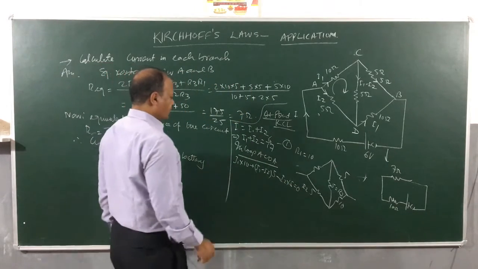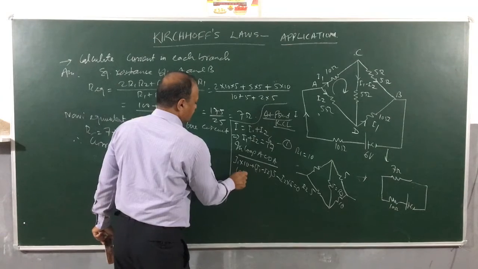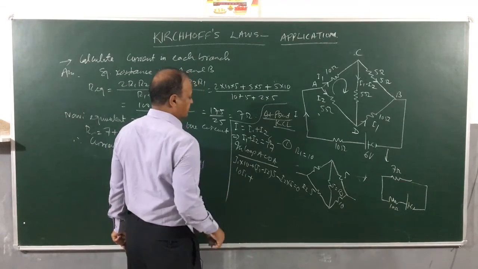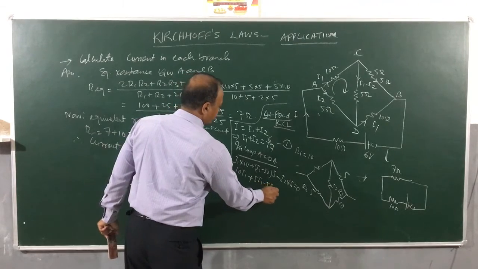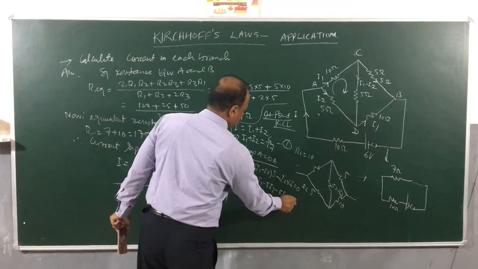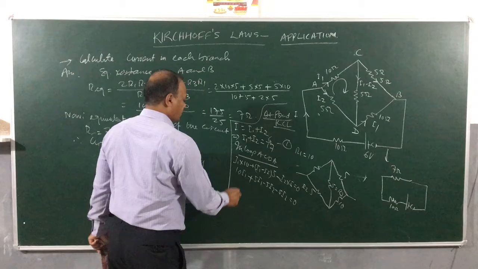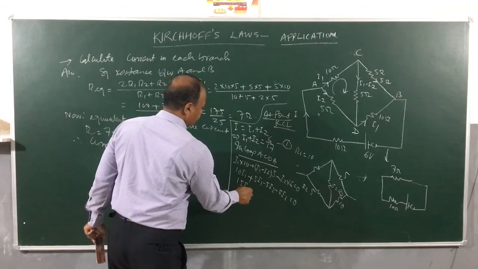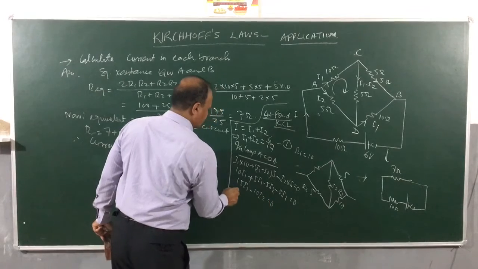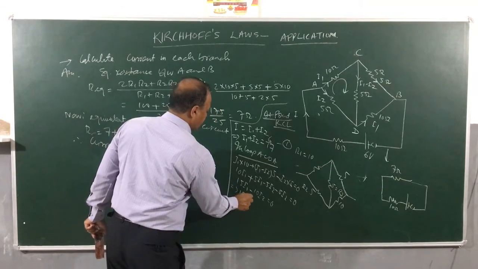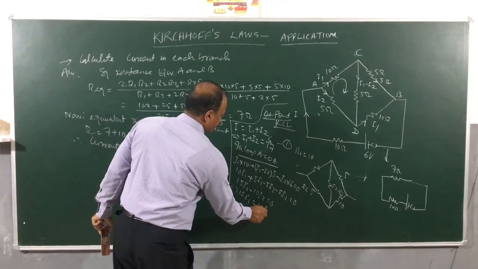Clear? So what do you get here? 10 I1 plus 5 I1 minus 5 I2 minus 5 I2 is equal to 0. So we have 15 I1 minus 10 I2 is equal to 0. So 15 I1 is equal to how much, children? 10 I2.